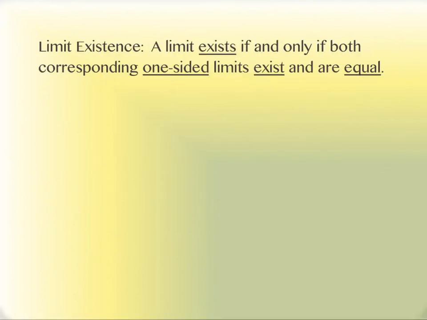In order for a limit to exist, it will exist if and only if both corresponding one-sided limits exist and are equal. So jot that down, and I'm going to go back to the previous slide to talk about those limit notations again. So it exists if and only if the one-sided limits exist and are equal.